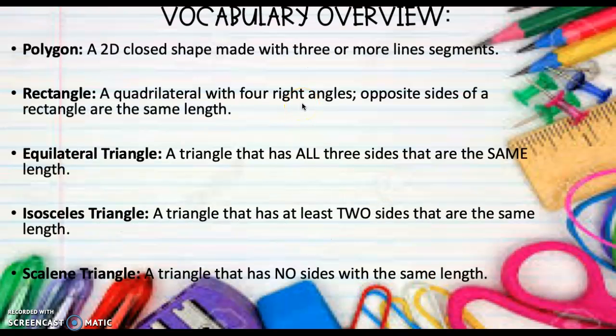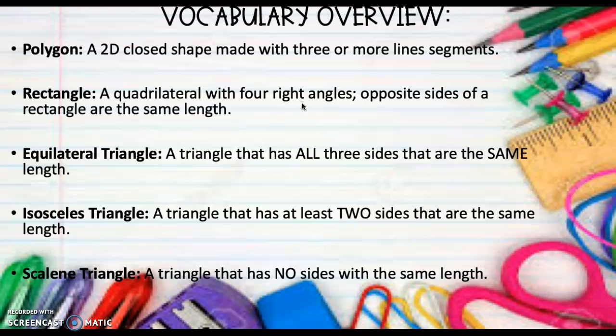Okay? So our focus this week has been geometry. We've been focusing on triangles and quadrilaterals and squares and rectangles and rhombuses and things like that. So let's just go ahead and do a quick little overview of what those things are.